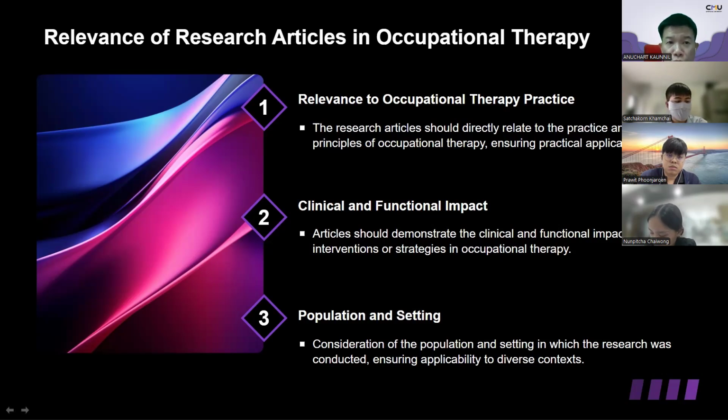And the third criterion to concern in relevant occupational therapy research is population and setting. I planned to study a PhD after I graduated with my master's degree in Newcastle. I was going to go to Cardiff and talk with Dr. Jananya, and somewhere in East Anglia, near the south of London.